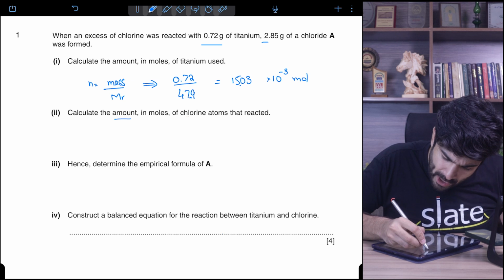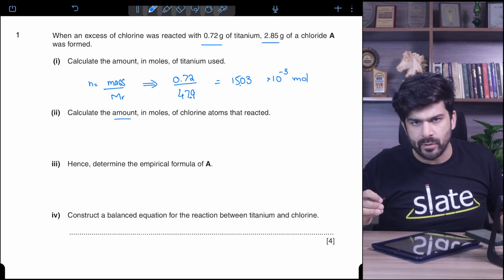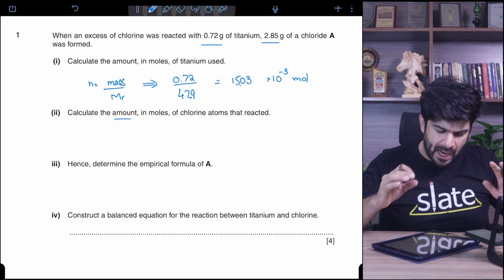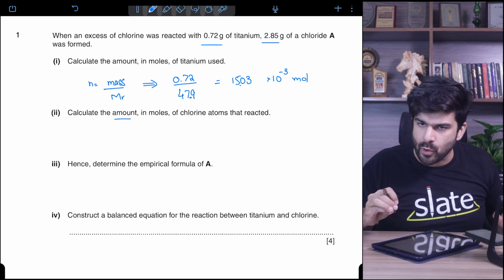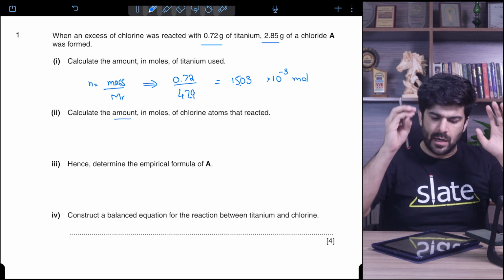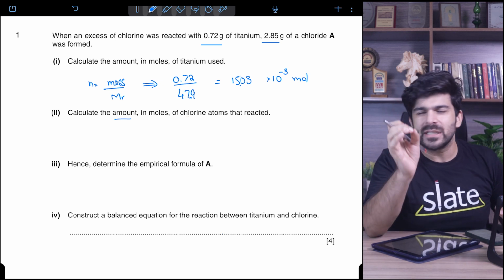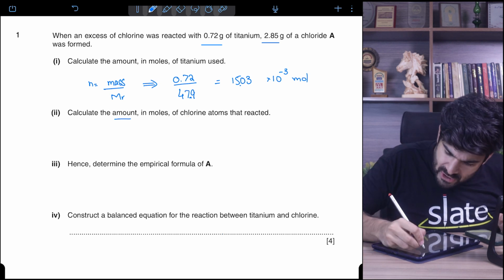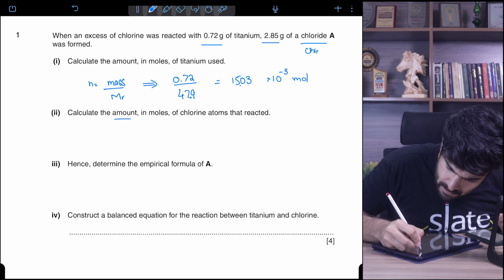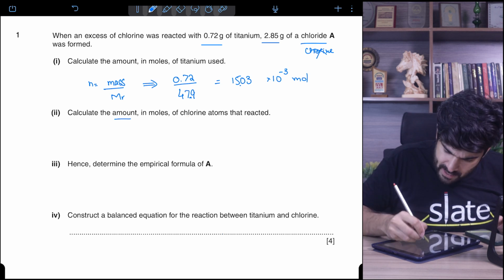So, 2.85 gram of chloride A was formed. That is something we know about here. That 2.85 gram of chloride was formed. So apparently this is a question of stoichiometry and basic composition, because this is not chlorine. This is not chlorine. So what's happening?